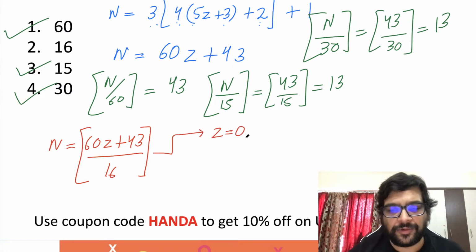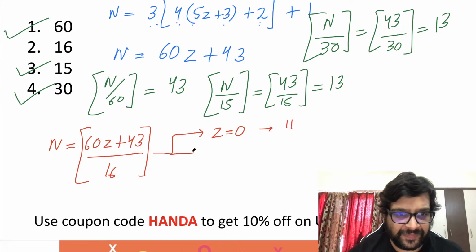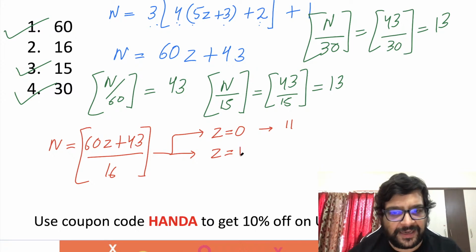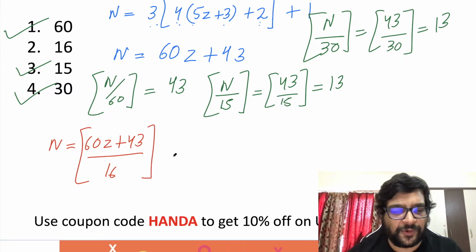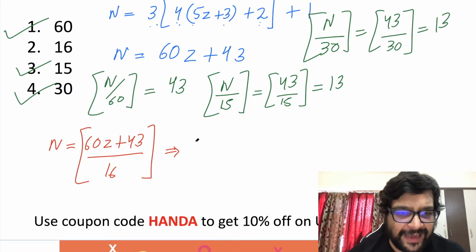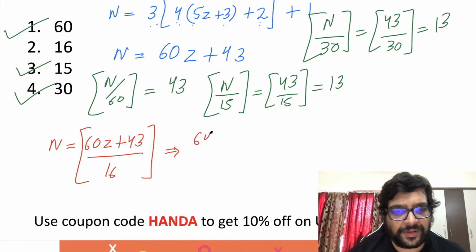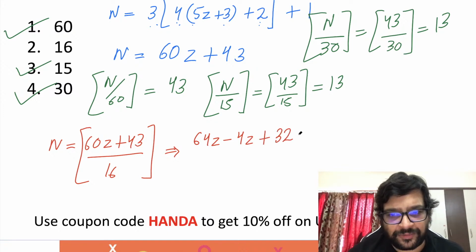If z is equal to 0, then 43 by 16, remainder comes out as 11. If z equal to 1, or even before that, now, if you have this, you can rewrite this as 64z minus 4z plus 32 plus 11 from 16.